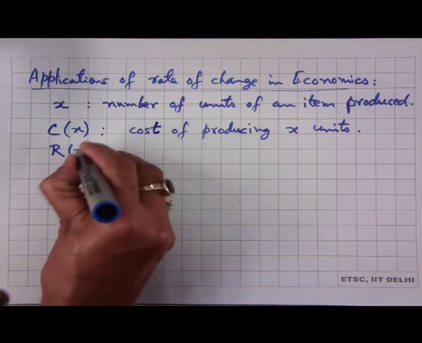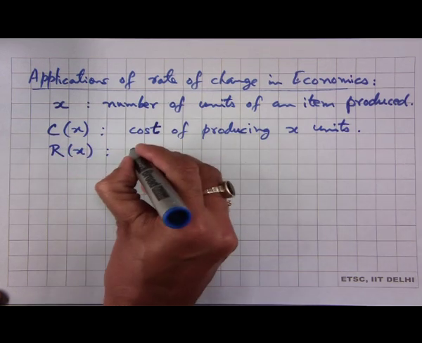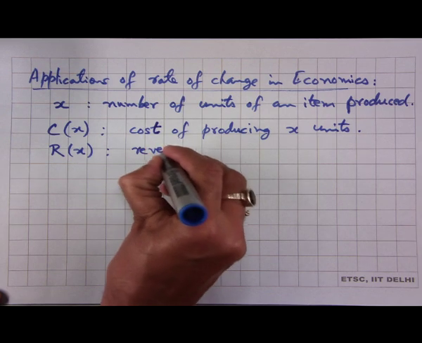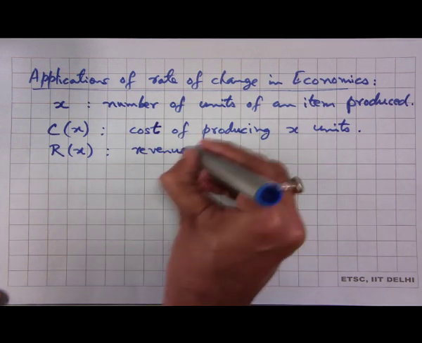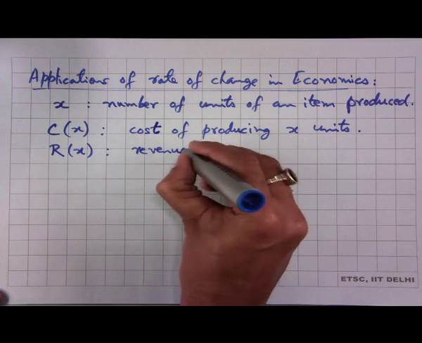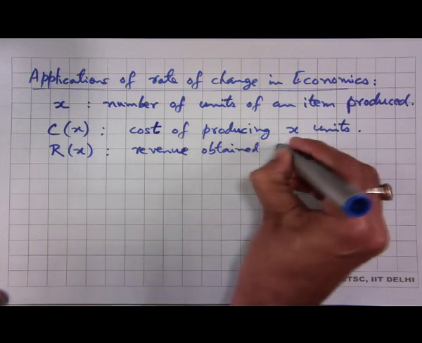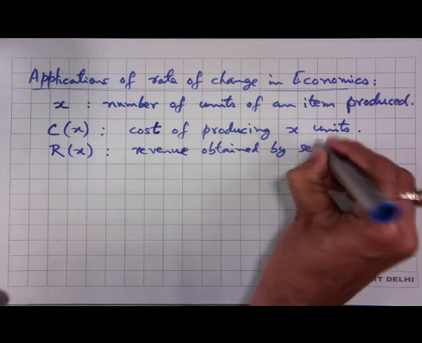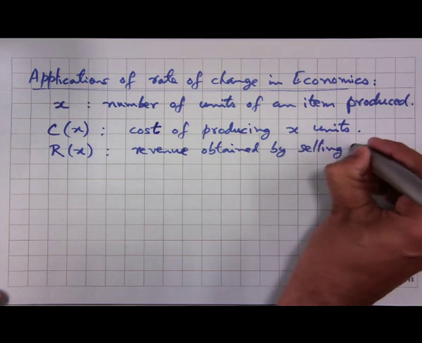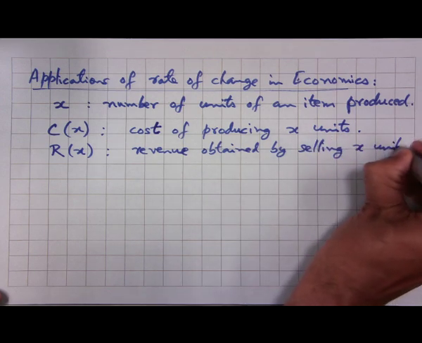And R of x, this denotes the revenue obtained by selling x units of the item.